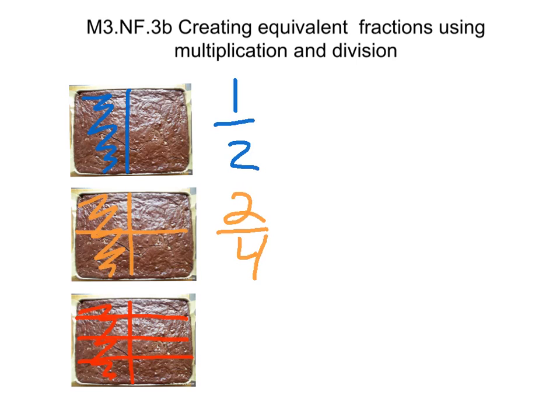And then the third one, I split it into more pieces, and I took 4 of 8. As you can see, in this area, this area, this area, all that I shared is the same. It's the exact same amount of brownies. So we can say that these fractions, 1/2, 2/4, 4/8, are all equivalent. So they equal one another.